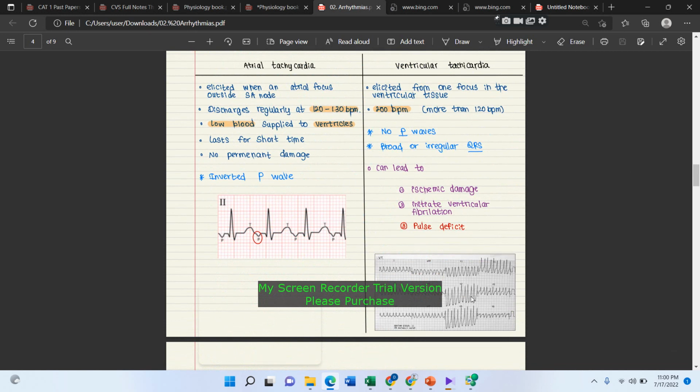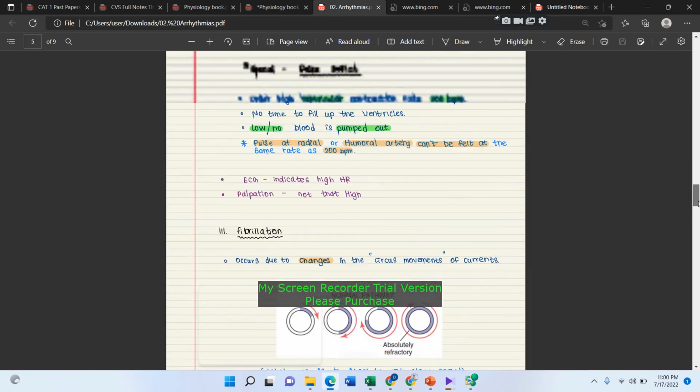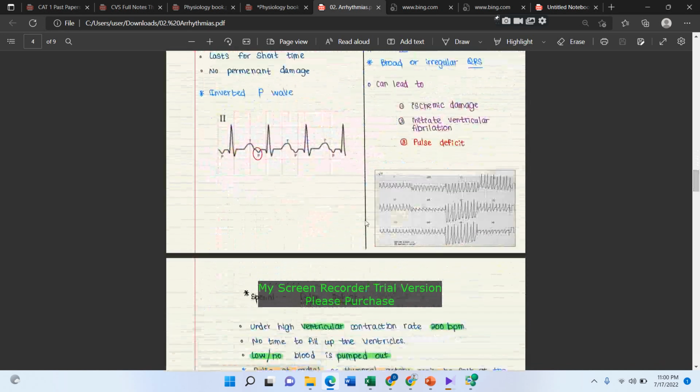Pulse deficit means that when you check the pulse, there is no pulse, but when you check the ECG, there's a rapid heartbeat. Why can't a pulse be detected? Blood doesn't pass through the arteries properly; it all goes very fast, so you can't detect the pulse.